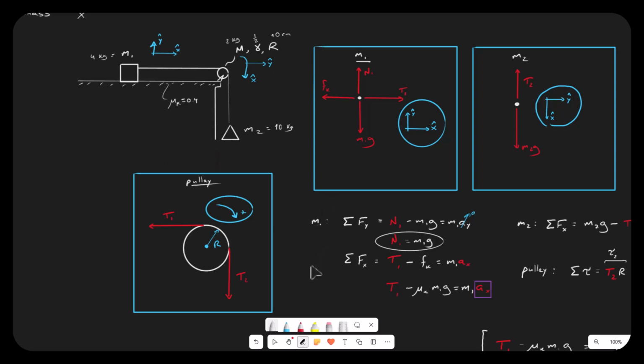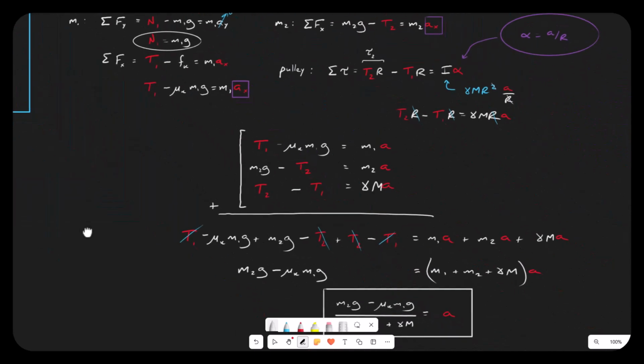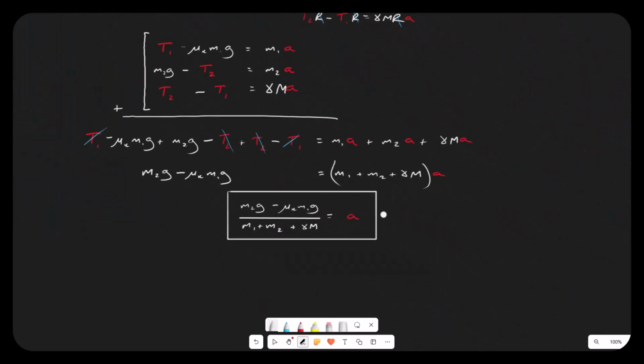But let's plug in some values and see where this goes. m2 g minus mu_k times m1 g, all over m1 plus m2 plus gamma times the mass of the pulley.